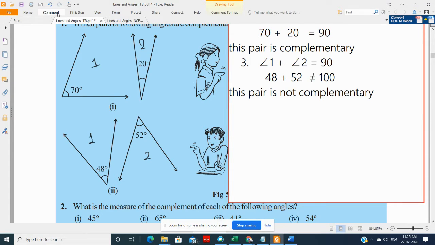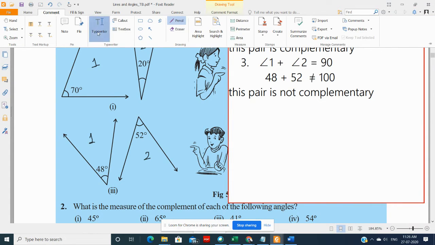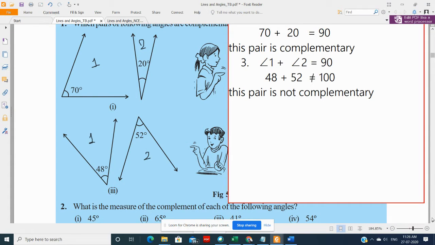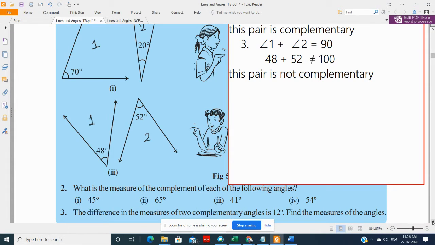Now, coming to the second question. Our second question says: what is the measure of the complement of each of the following angles? Here we are given one angle and now we are supposed to find the other. So what should be the complement of this given angle?